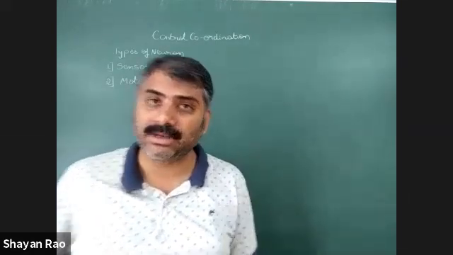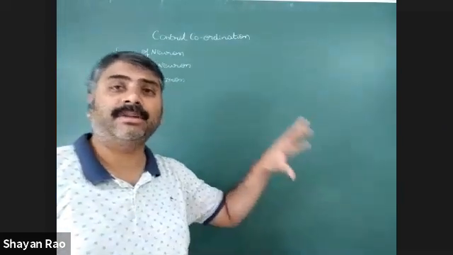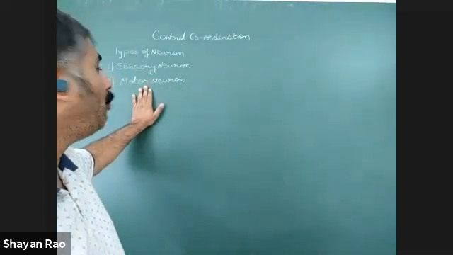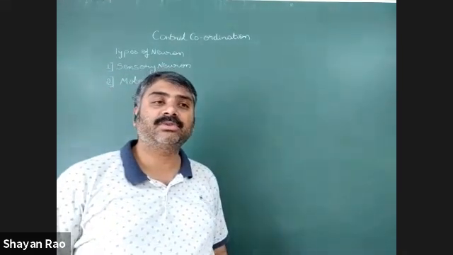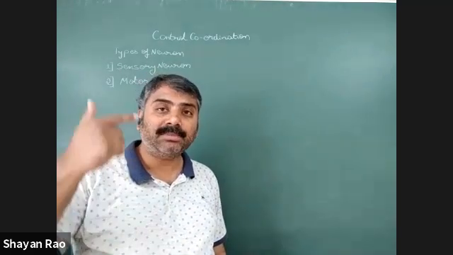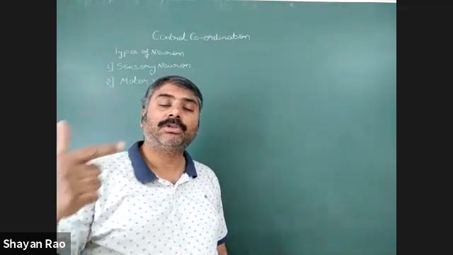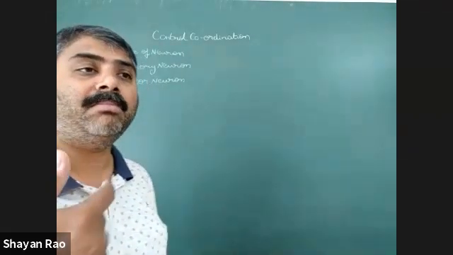How is that possible? Because your human body will be having something called motor neurons. Motor neurons are the ones which carry the impulse from the central nervous system to the effectors. Effectors are basically considered to be your muscles.